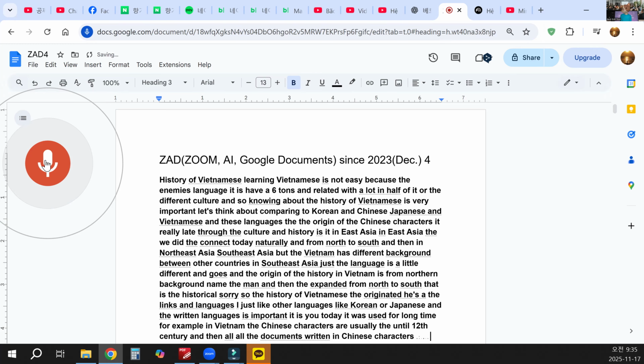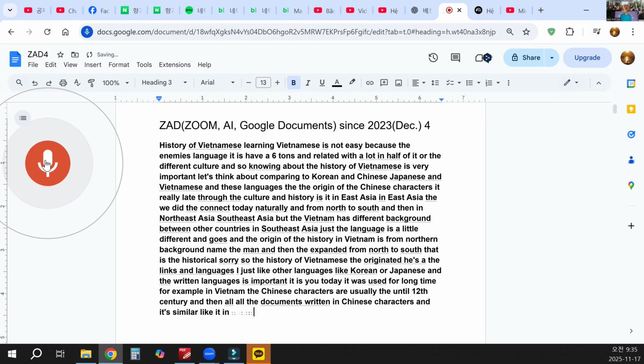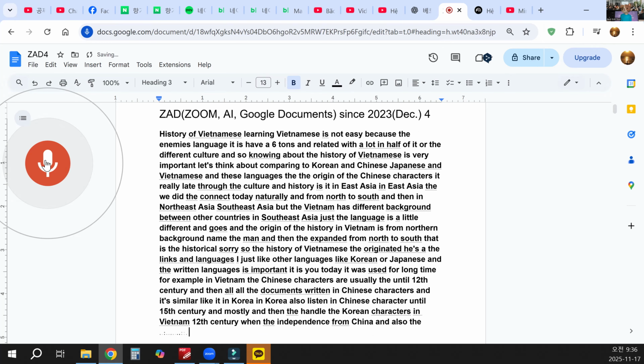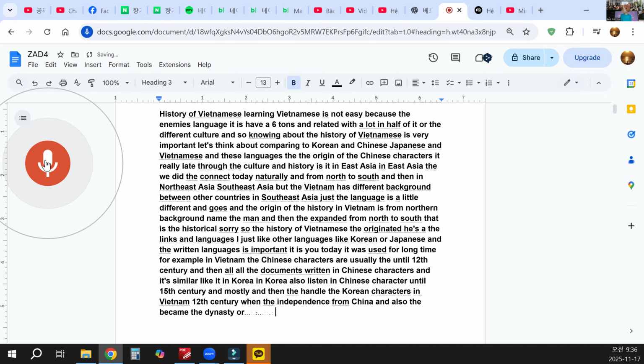It's similar in Korea, where documents were also mostly written in Chinese characters until the 15th century, and then Hangul, the Korean characters, was invented.